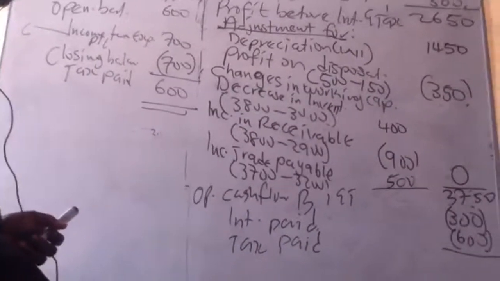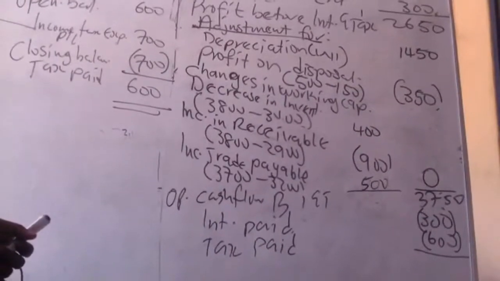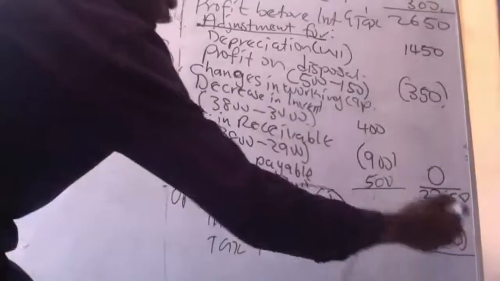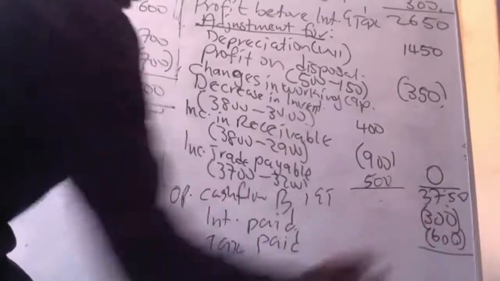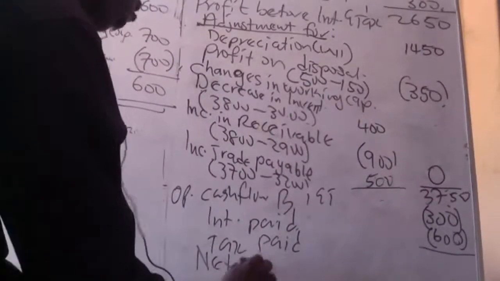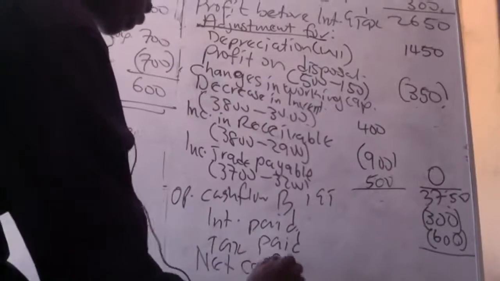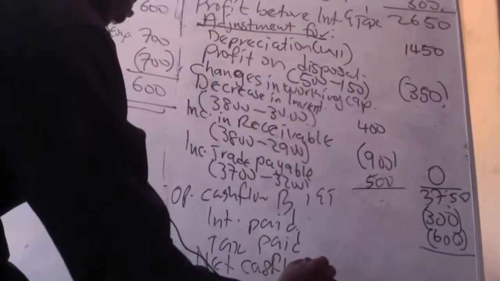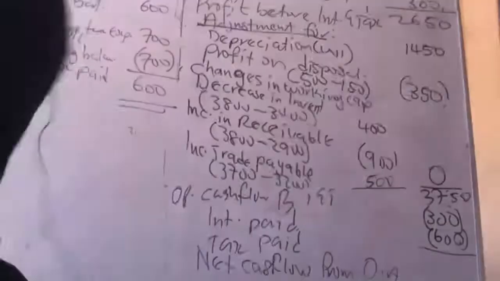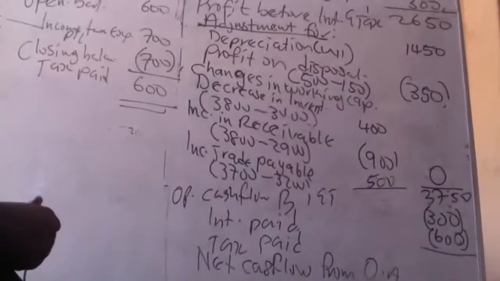Now let's get it. So put them together, what do you get? After taking the 600, this minus this, you get net cash flow. Net cash flow from where? Operating activities.